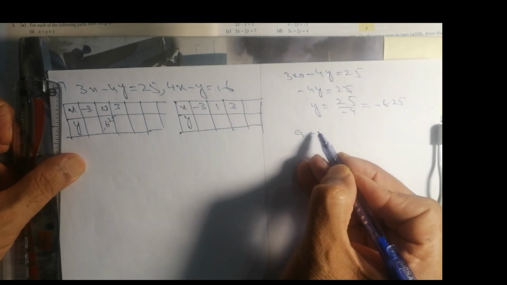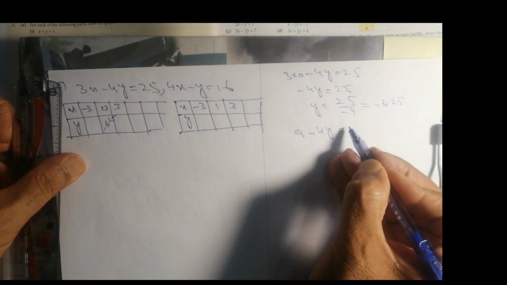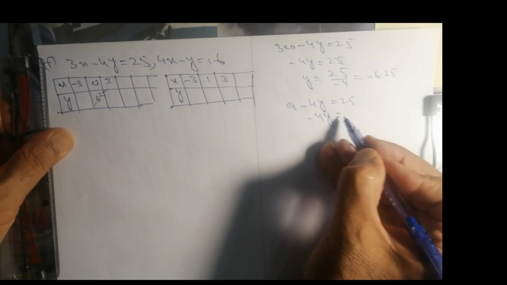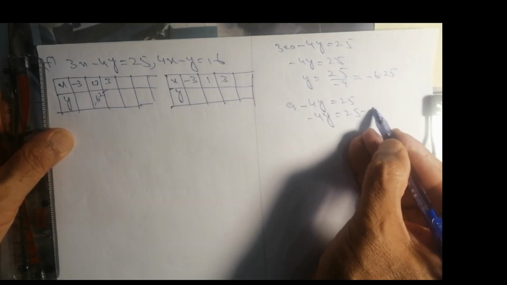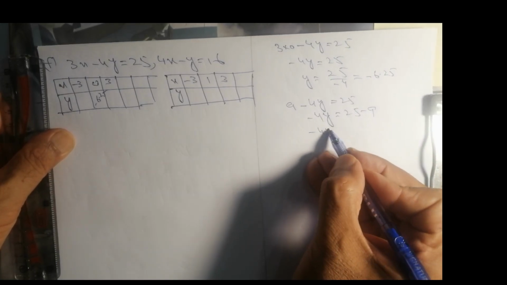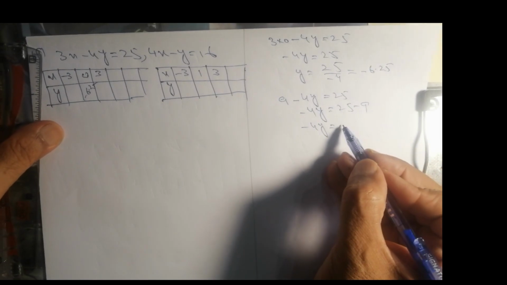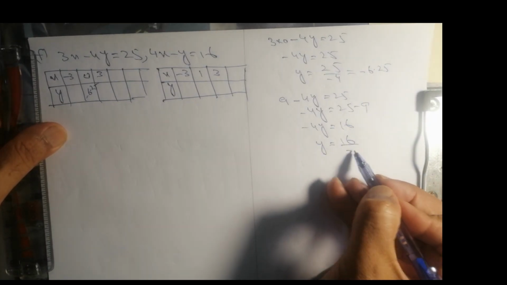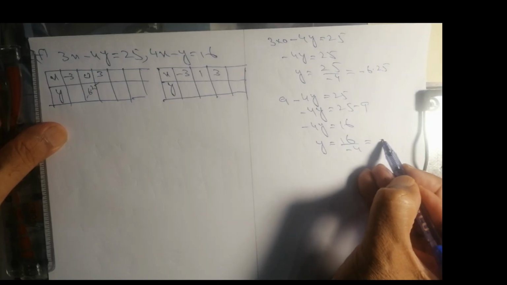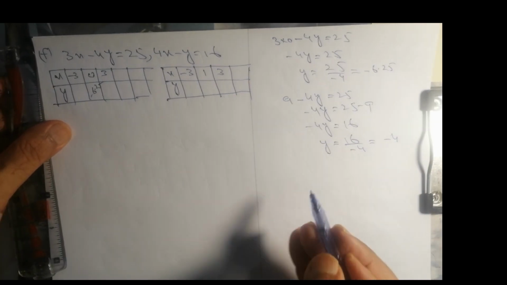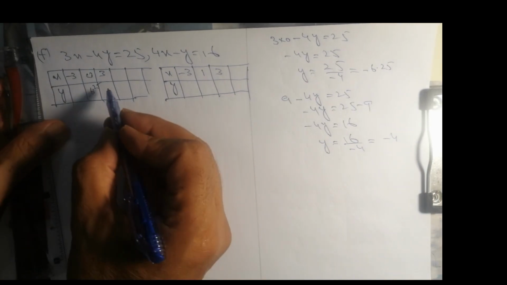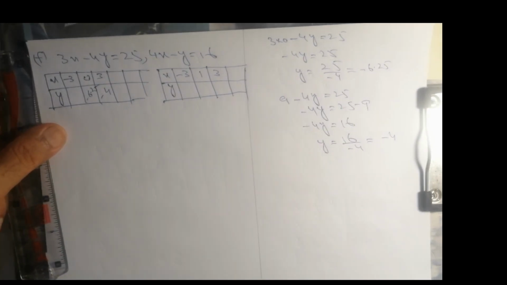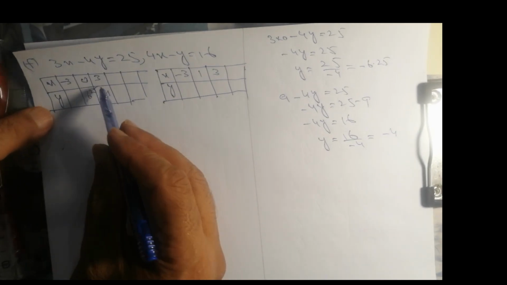And put the value 3. 3 times 3 is 9, minus 4y equal to 25, minus 4y equal to 25 minus 9, minus 4y equal to 16, y equal to 16 over minus 4, so this is minus 4 for x equal to 3.